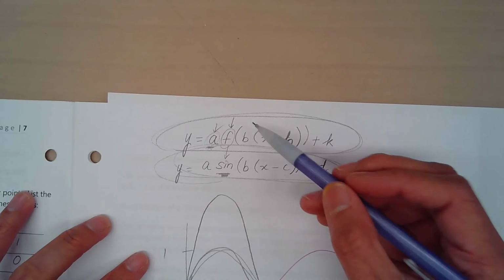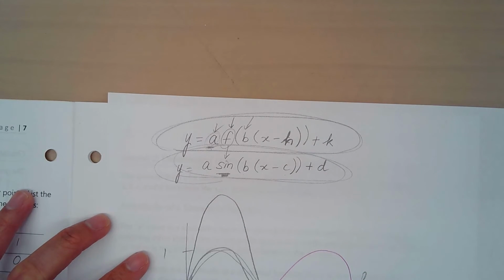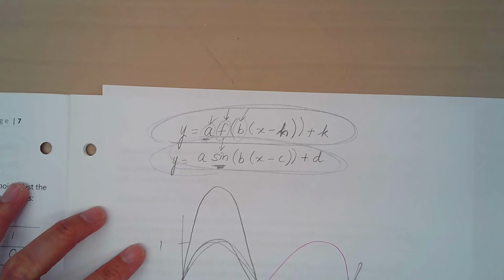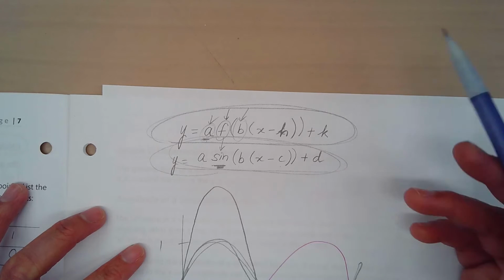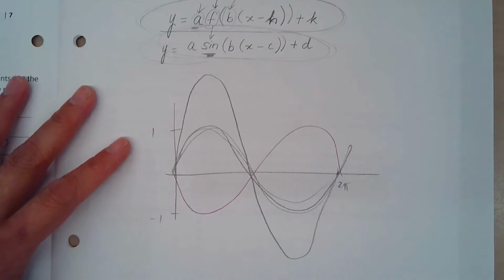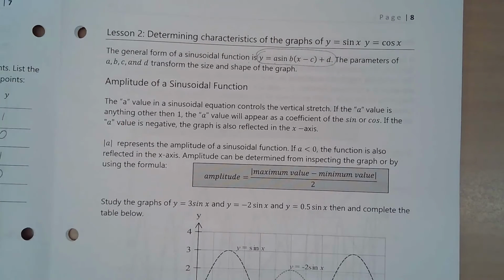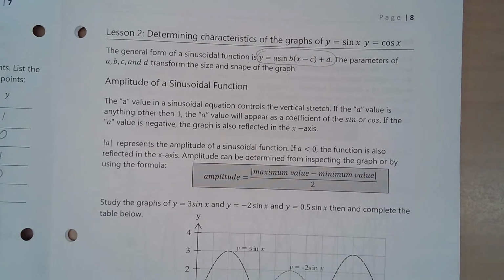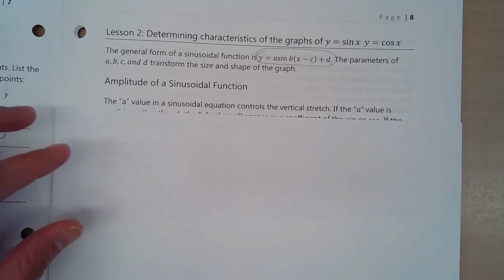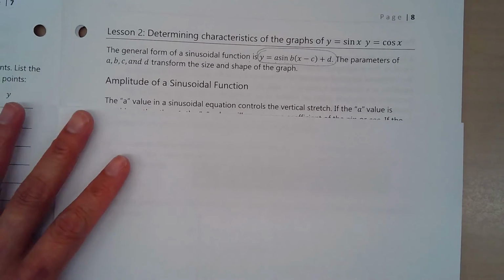When we did the general function, how does the b affect our graph? A horizontal stretch or compression. Yeah. So the b talks about horizontal compression or stretching. In this particular case, we're going to talk about that very specifically, but I just want to point out some stuff and connect what we already know.